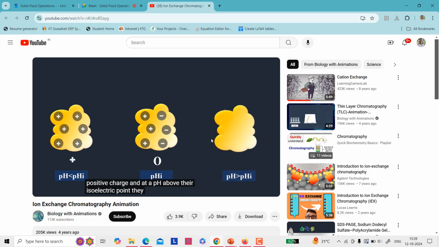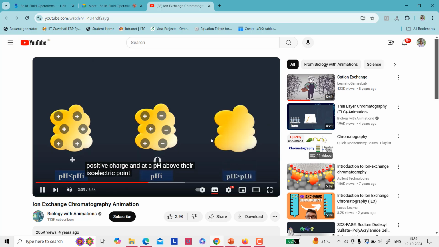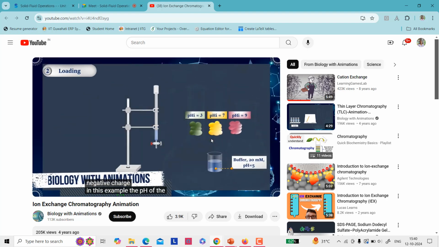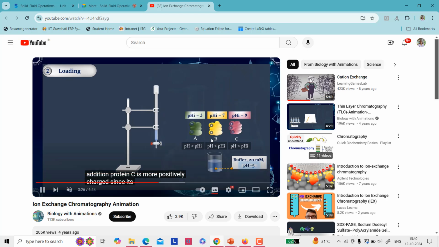In this example, the pH of the buffer is equal to 5, consequently protein A has a net negative charge, and both protein B and C carry a net positive charge. You can see this, right? B and C carry a net positive charge. In addition, protein C is more positively charged since its pI is higher than the pI of protein B.